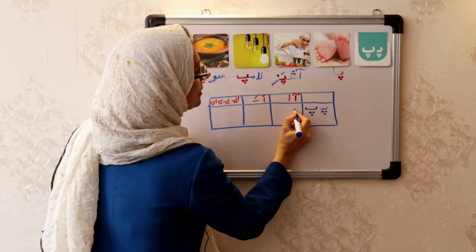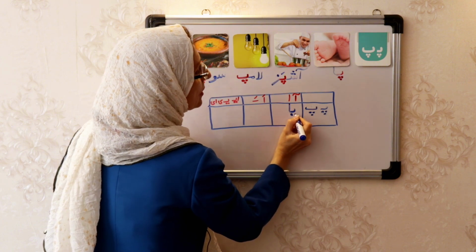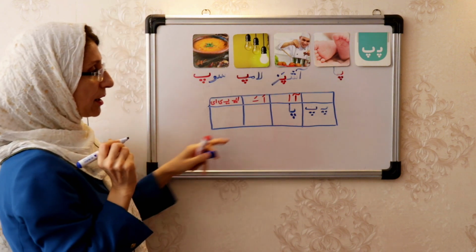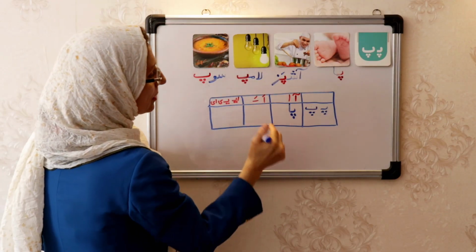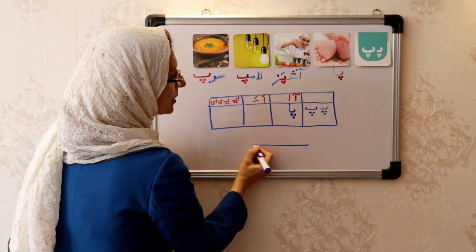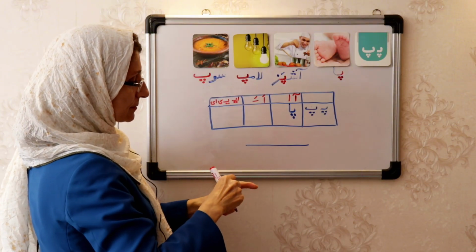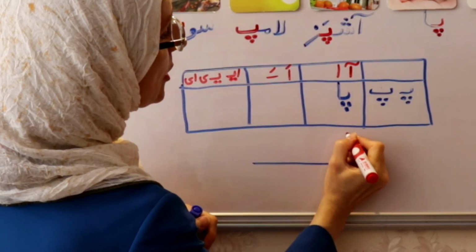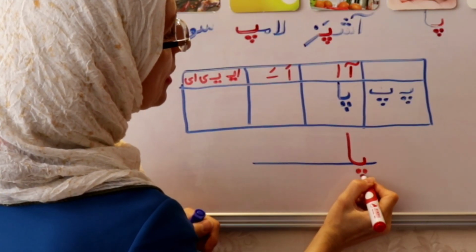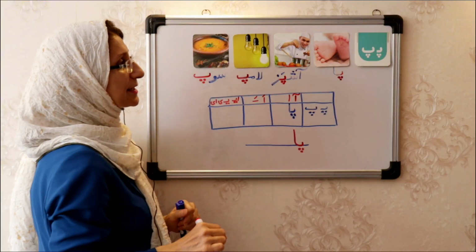So, you see, P A. P A will be pa. Pa in Persian is foot, here.